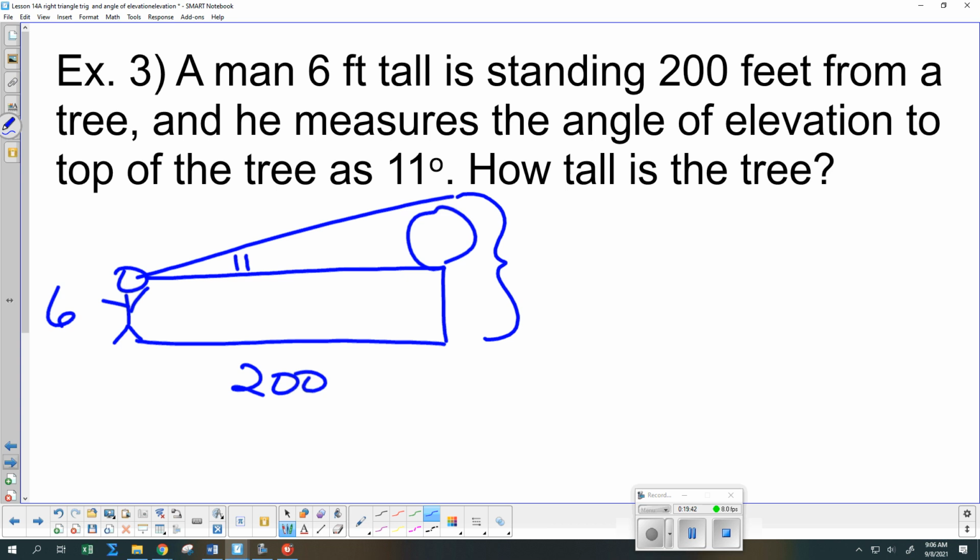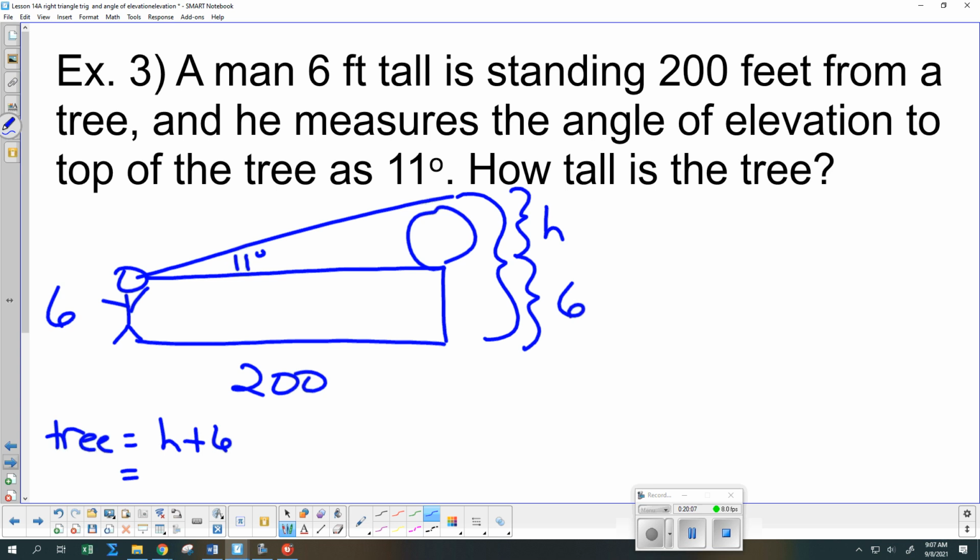And that angle is 11 degrees. If we let this part be H, and then this part is 6, the tree is H plus 6 feet tall. Does that make sense to everybody?